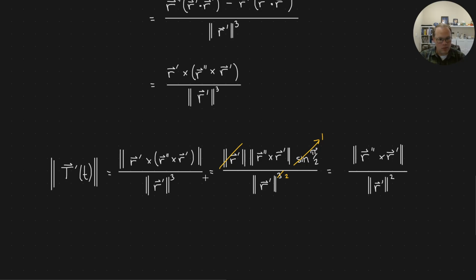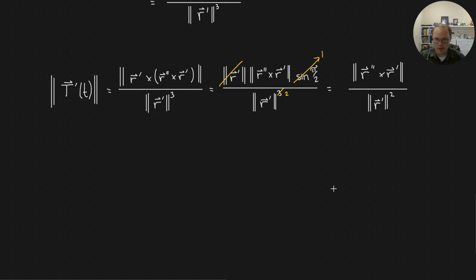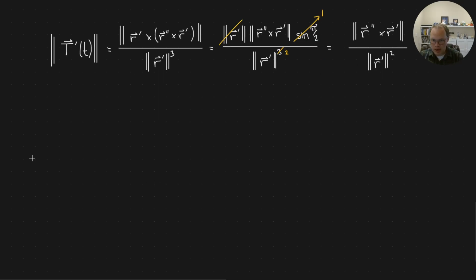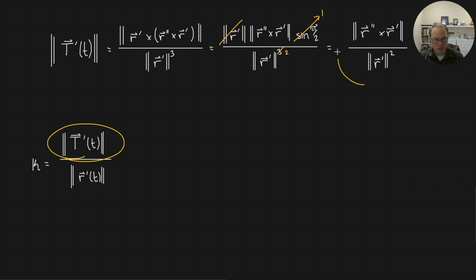So what we want to do now is just plug this back into our formula for curvature, which, as a reminder, is the norm of the unit tangent vector t prime of t divided by the norm of r prime of t. And we just found a different expression for the norm of t prime of t. It's this, okay?